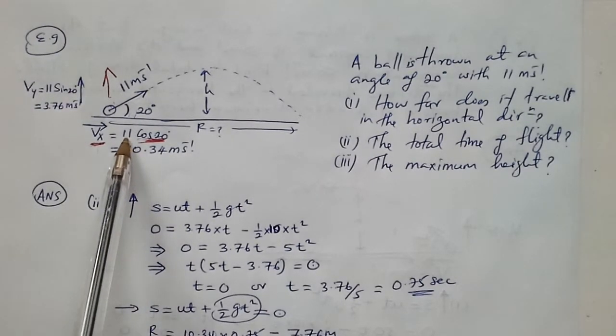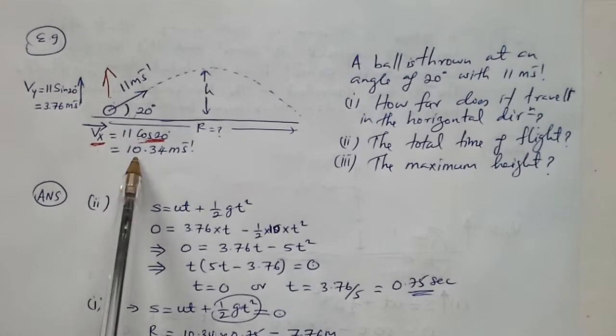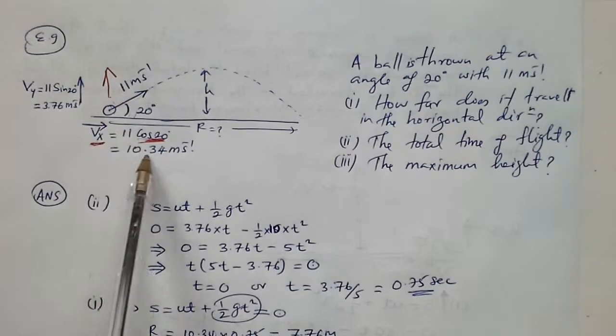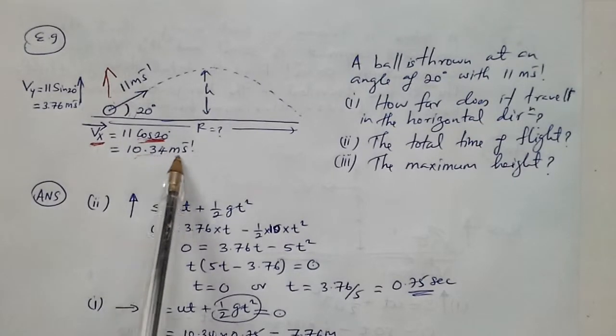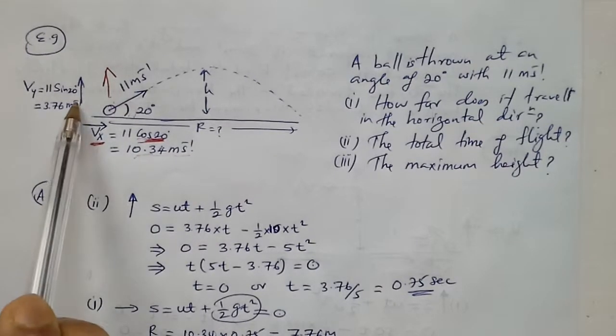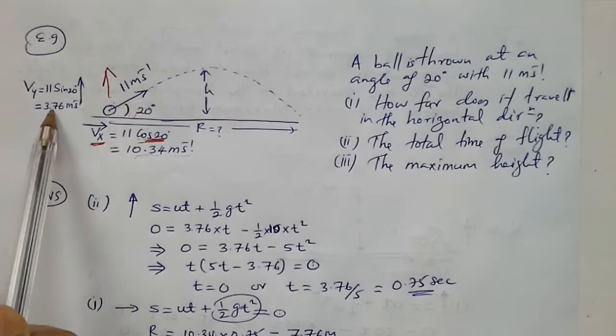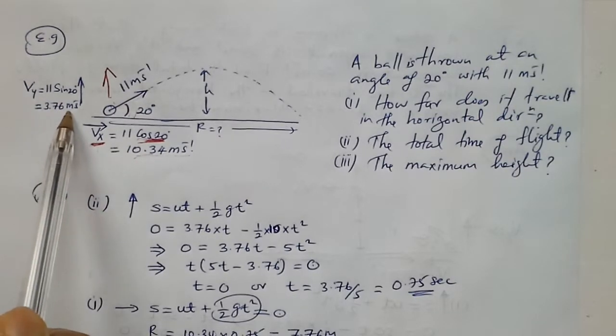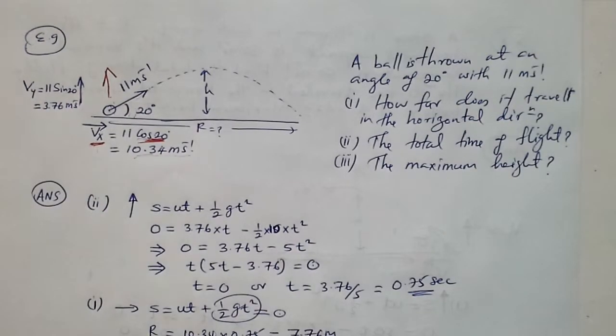If I simplify this, 11 times cos 20, you will get in the horizontal direction 10.34 meters per second. In the vertical direction, the velocity component is 3.76 meters per second. So this is our initial speed in the horizontal and the vertical direction.